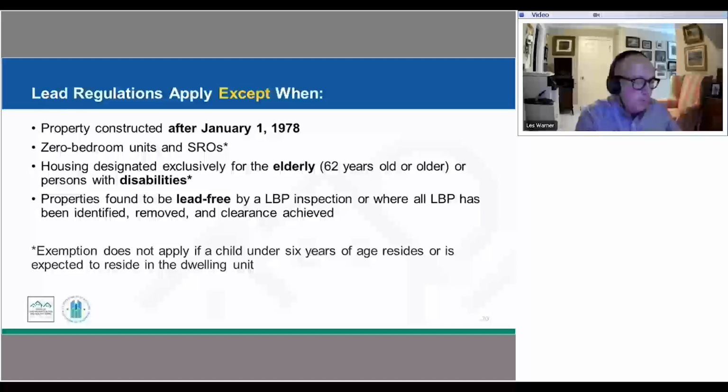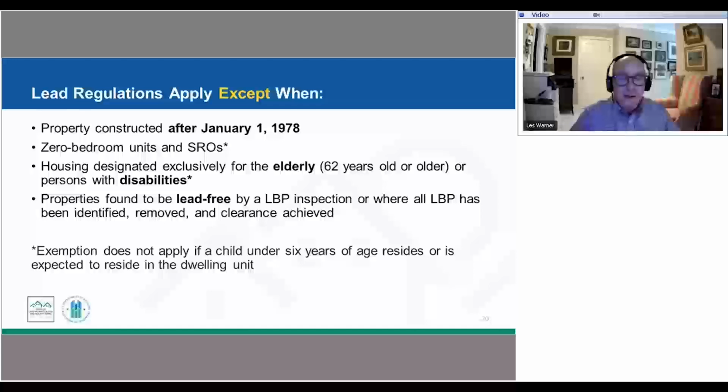Lead paint could be used legally until 1978, but as the years went on, we may have seen less use of lead paint. So you may have units or buildings in your portfolio that actually have no lead-based paint.